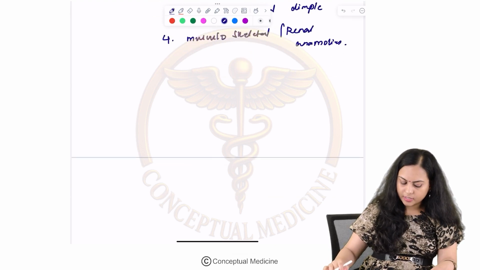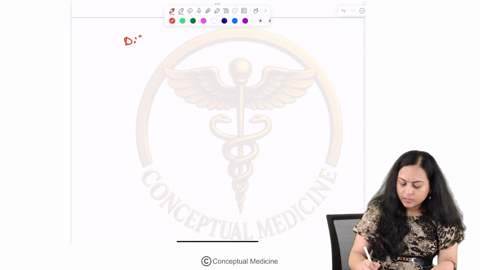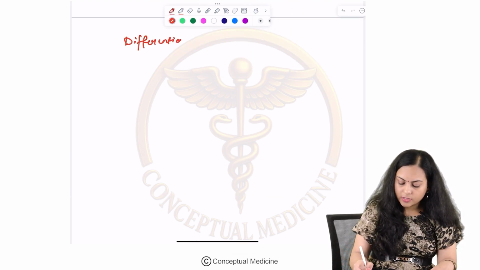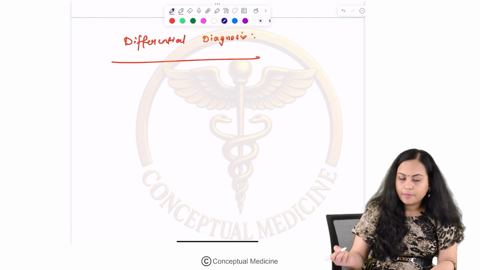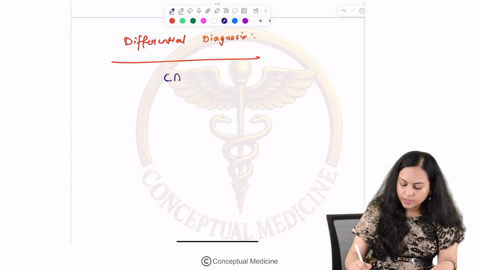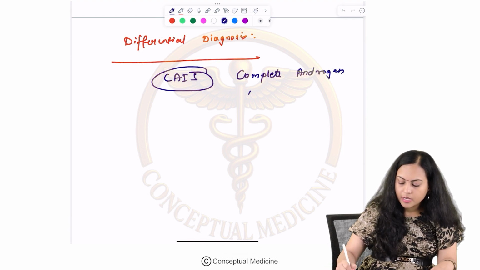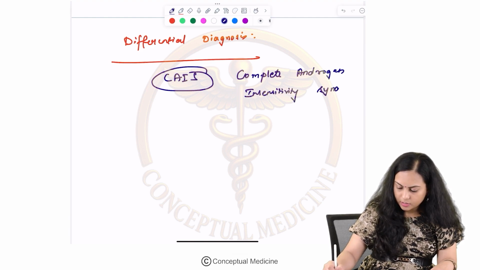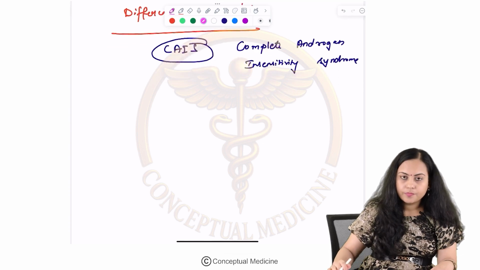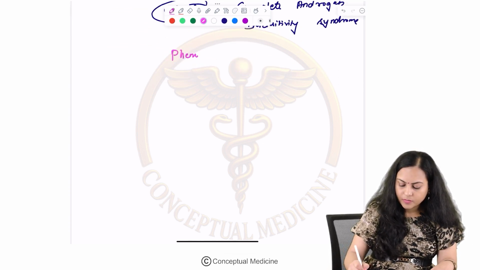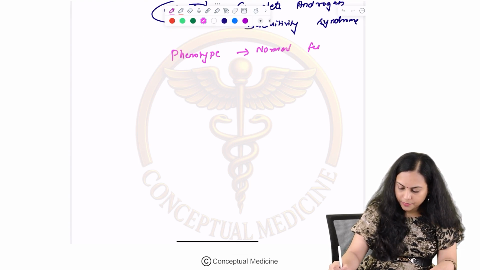Clear? Right. What are the differential diagnosis for this syndrome? The main differential diagnosis is going to be your CAIS, that is complete androgen insensitivity syndrome. See, in this syndrome, the phenotype is going to be normal female.